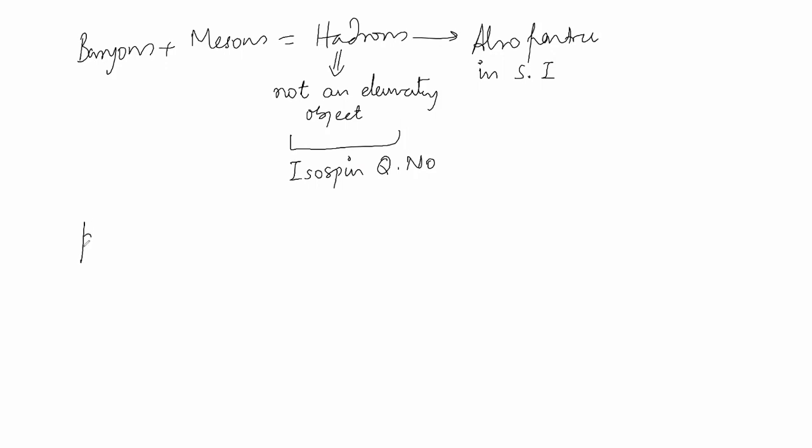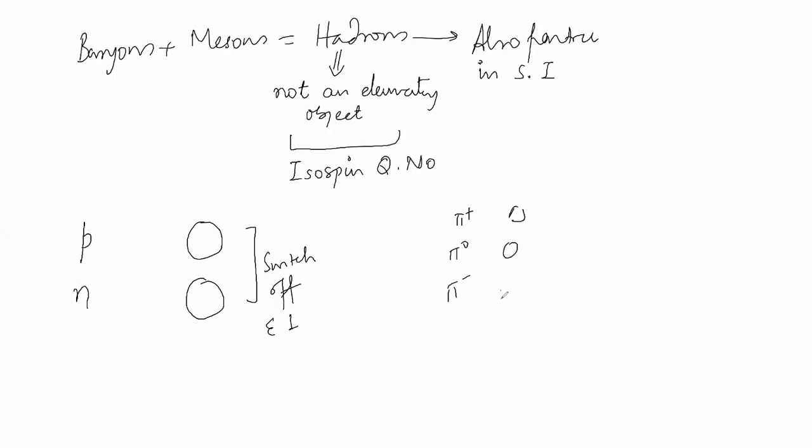The answer is, if I have given you a proton and neutron, or pi plus, pi 0 and pi minus, or k plus, k minus, k0, k0 bar, and I switch off electromagnetic interaction, then there is no way to distinguish between a proton and a neutron.